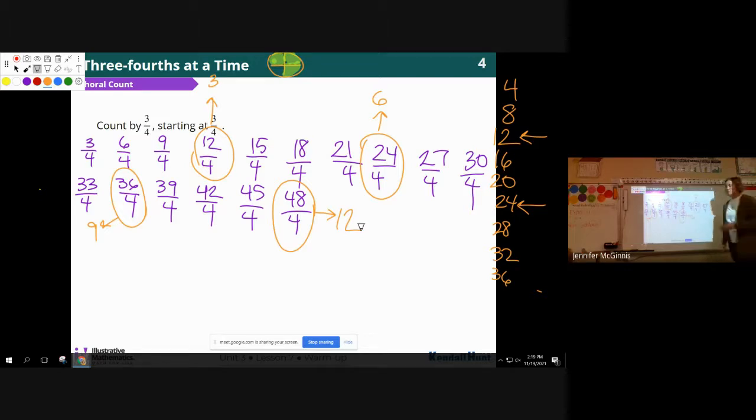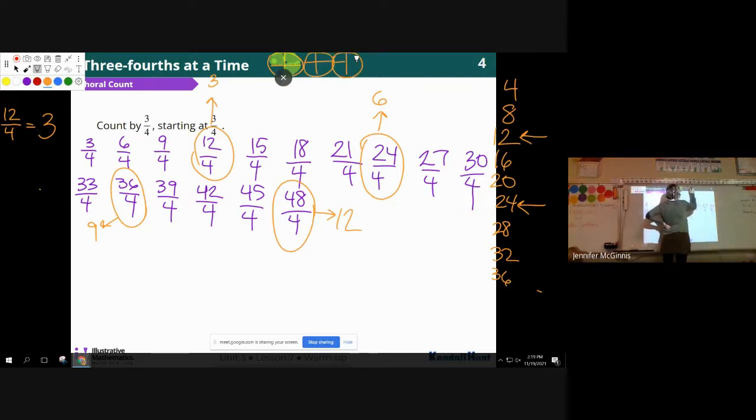So let me show you something here. 12/4 equals 3 whole things. The reason for that is if we draw fourths and we color in 12, we color in 1, 2, 3, 4, 5, 6, 7, 8, 9, 10, 11, 12.